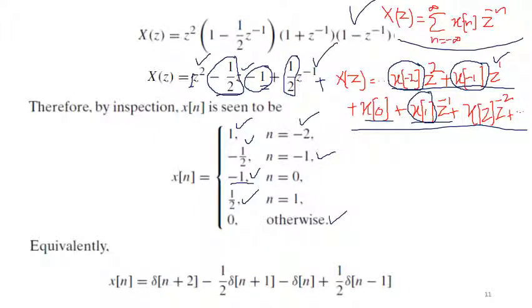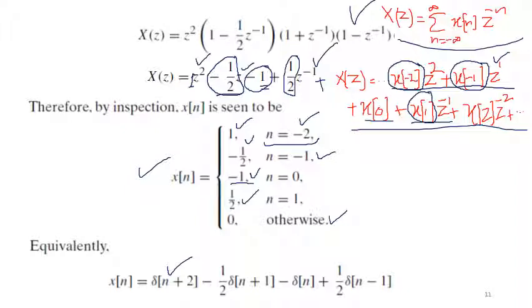So that means x[n] equals 1, -1/2, -1, 1/2, and 0 for all other values. We can also write x[n] in terms of impulses. Because n equals -2, I can say this is an impulse of n plus 2, which is 2 units shifted, and because it has amplitude of 1, I can just write it as it is.